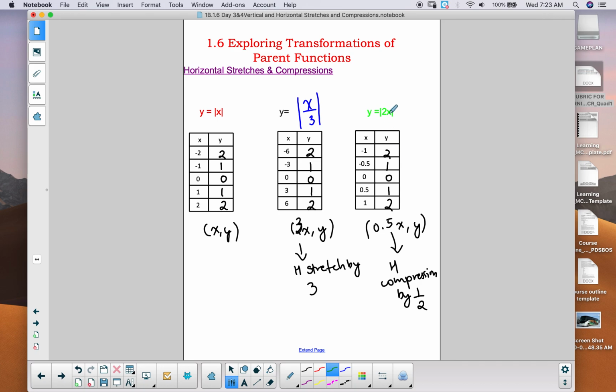And for this one here, because of the compression, the x values become 0.5 times x, comma y. For the same y values, you can see how the x values are, in this case, being stretched by a factor of 3, and in this case, compressed by a factor of 1/2. Sorry, it's not reflected, it's just compressed by a factor of 1/2.